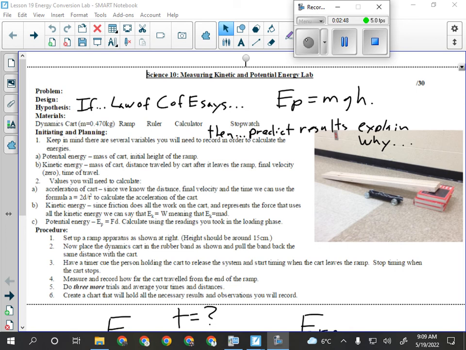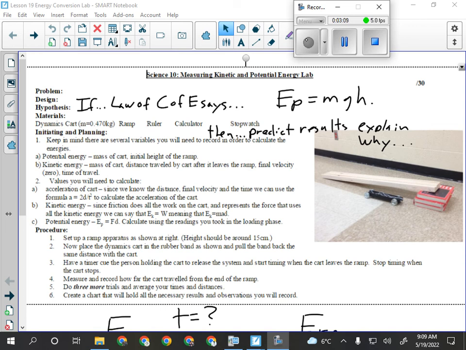To reduce confusion, the main responding variable here is the final kinetic energy. But because we can't measure that directly, we're going to be measuring a few other things that you don't need to list as responding variables, because I don't want you to get confused here.